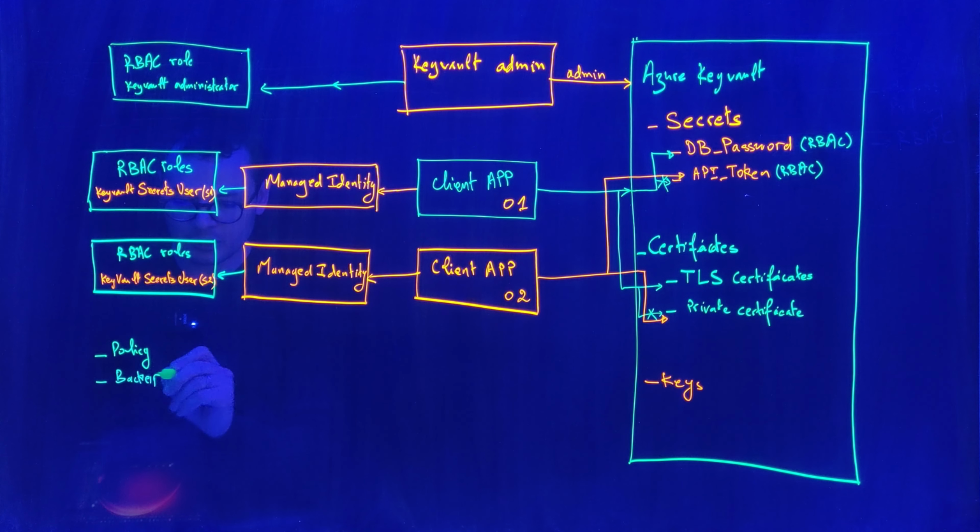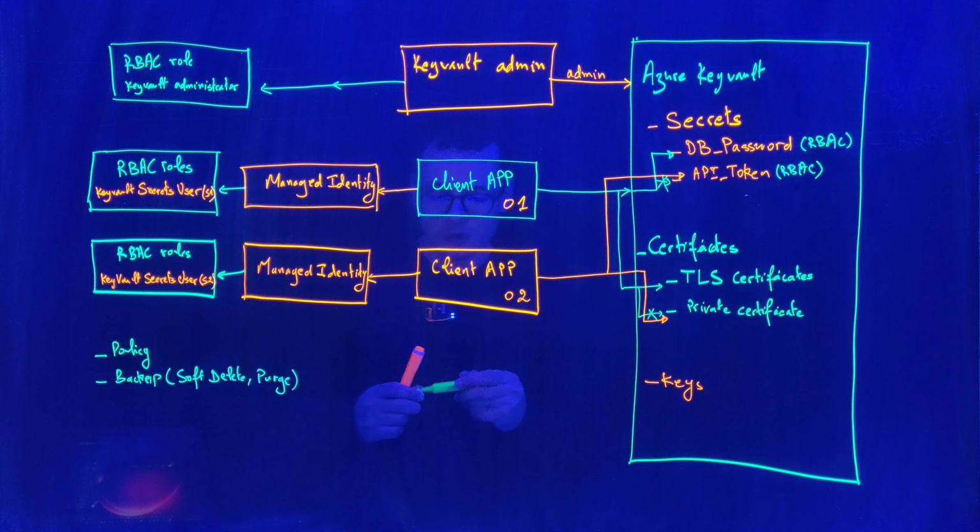So for that, we have those features called soft delete and purge protection. So we can define a policy for enabling soft delete and disabling the purge. We can also define a value between 7 days and 90 days, so that if I accidentally delete a password, for example, or a secret, I can still retrieve it during that specified period of time.